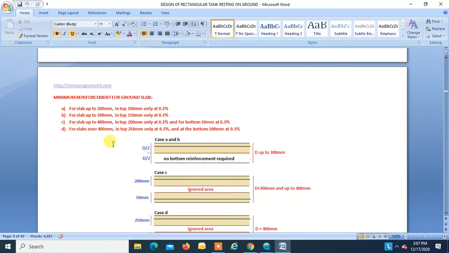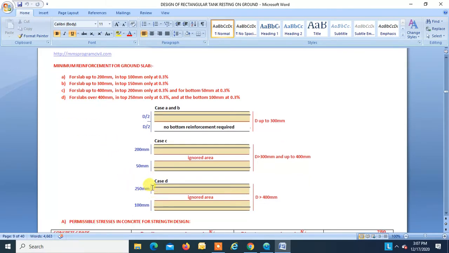For slabs above 400 mm, the steel at top in both directions will be minimum 250 into 1 meter into 0.3%, and the steel at bottom in both directions will be 100 into 1 meter into 0.3%, right?